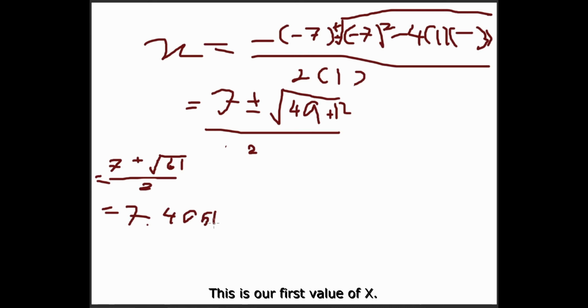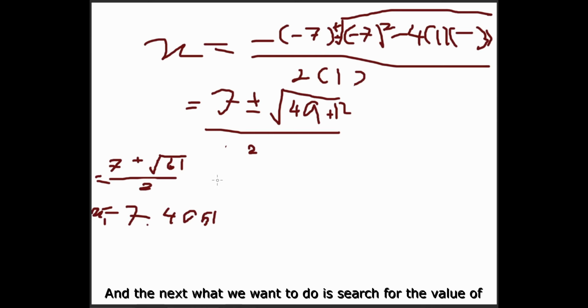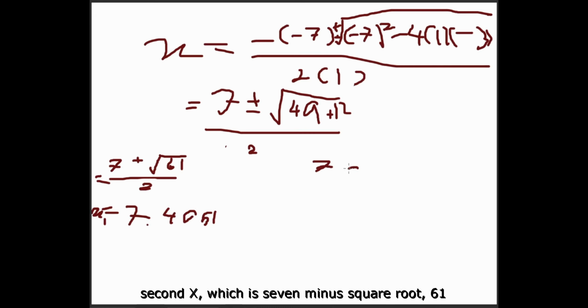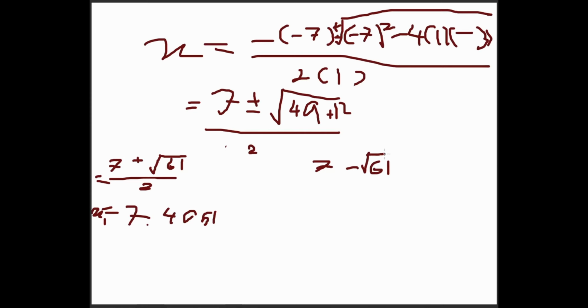This is our first value of x. And then next what we want to do is search for the value of our second x, which is 7 minus square root 61 divided by 2.